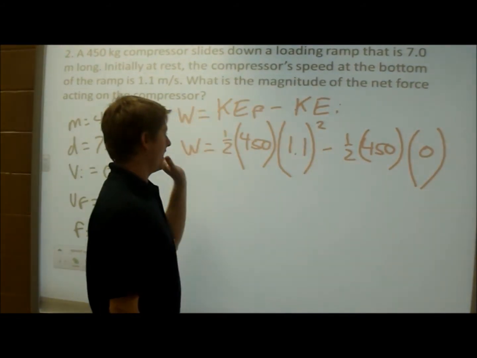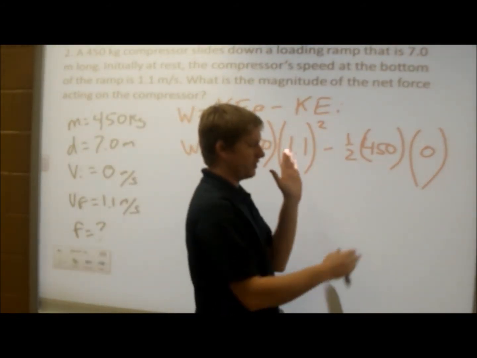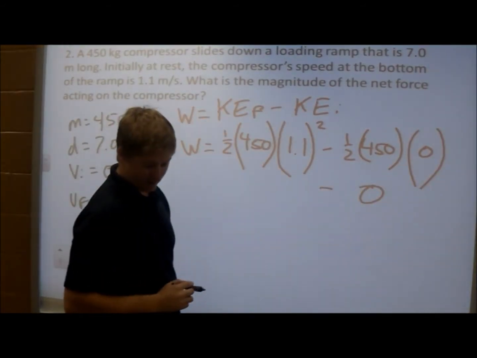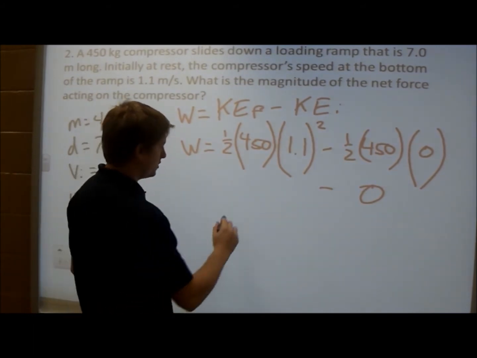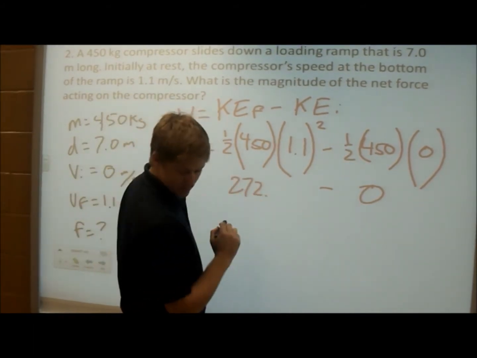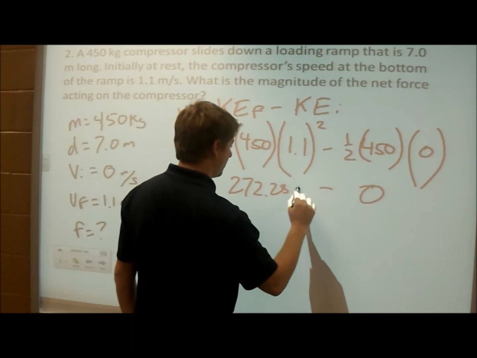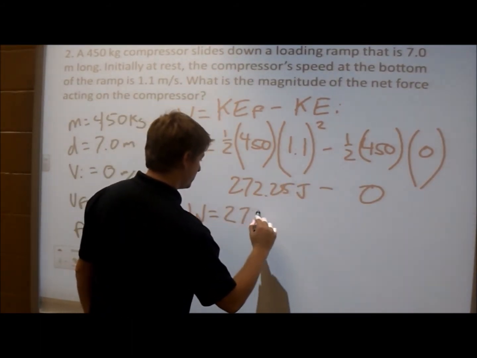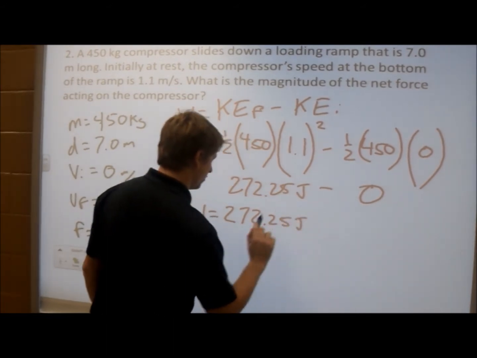So that whole thing, 1/2 times 450 times 0, do it in your calculator. Guess what you're going to get? 0. Minus, and then that there is 272.25 joules. So our work equals 272.25 joules.